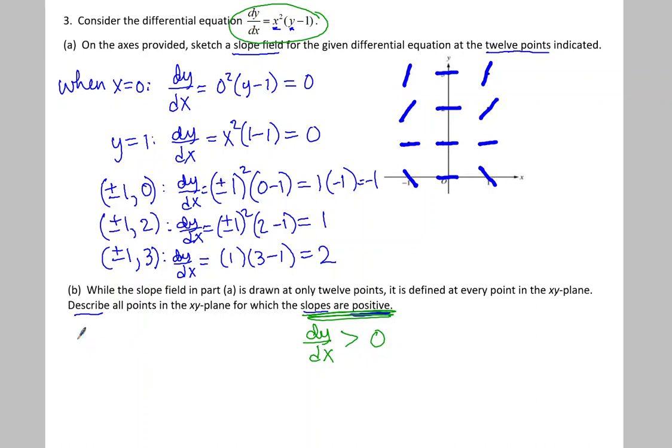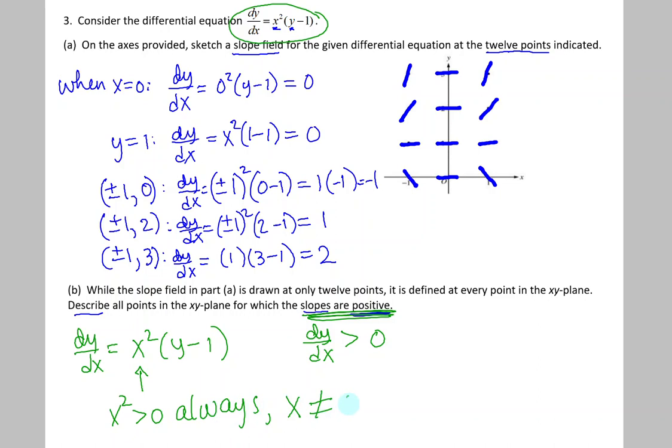Well, if dy/dx equals x squared times y minus 1, we know that this is always going to be positive as long as we're not plugging in 0. So even though x squared is greater than 0 always, sometimes it could equal 0. So we just want to make sure that x is not equal to 0.